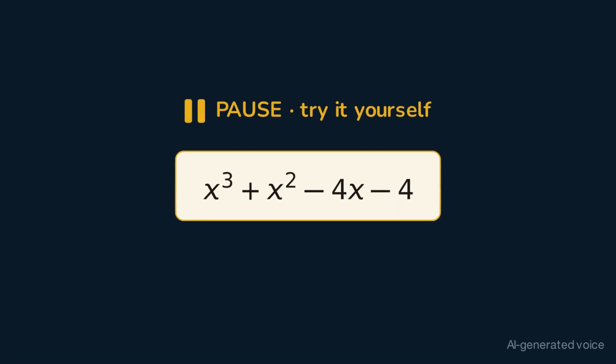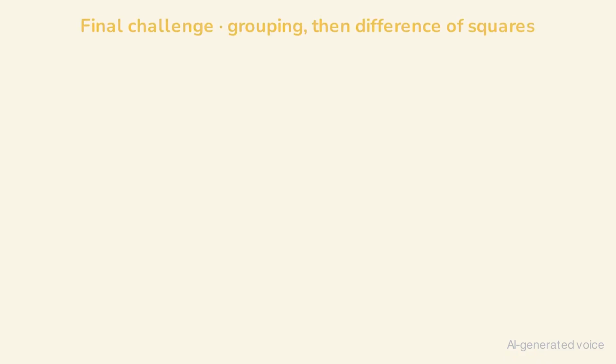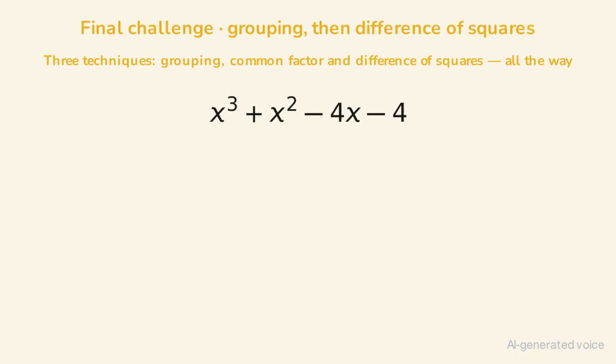And to close, the big challenge. Factor all the way, x cubed plus x squared minus 4x minus 4. Several cases come together here, so take your time. Let's take it slow. There are 4 terms, so we group in pairs.